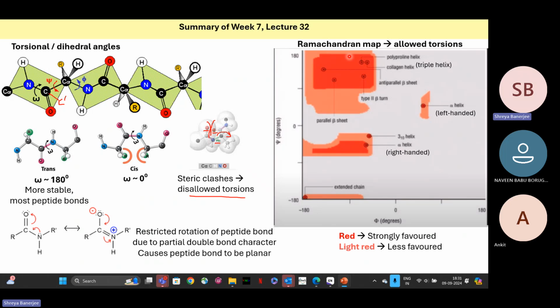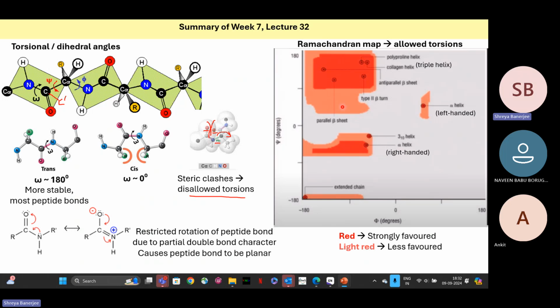The dark red regions shown here are the regions which are highly favored, that is, least steric clashes happen. And the light red regions are basically where you have some amount of steric clashes. So they are less allowed, but still the overall stability is there. So some conformations do exist in the light red regions.